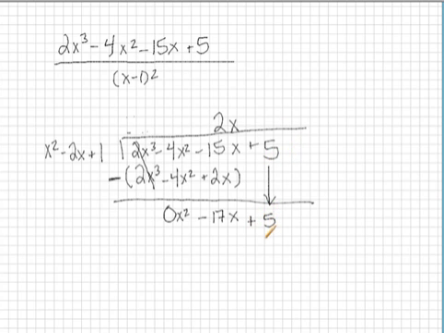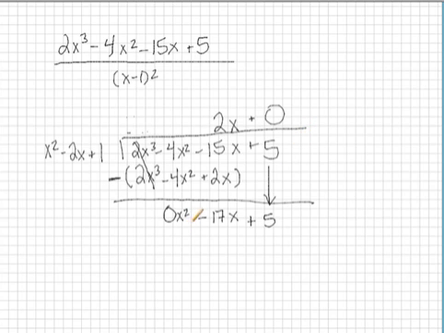And now I'm going to repeat the process all over again, except this time I'm looking at this leading coefficient down here. So how many times does this number go into this number? How many times does 1 go into 0? Oh, 0 times. Perfect. Very easy. So we're going to put a 0 there. As you can see, I've run out of space on the top, which means I'm going to have a remainder.